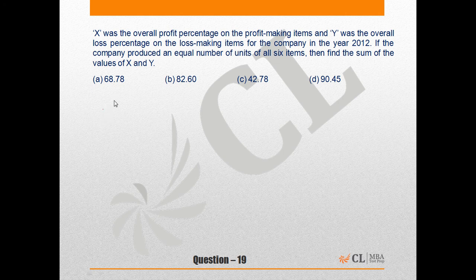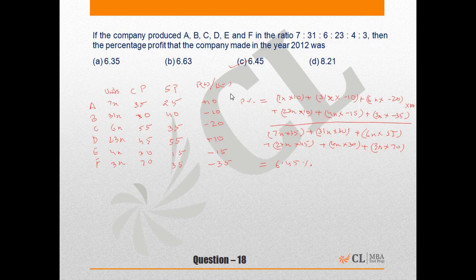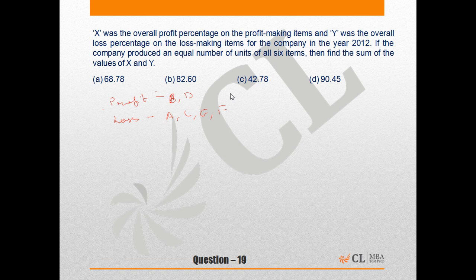Fine. I know that the profit making products are B and D, sorry, it's B and D. And the loss making are remaining A, C, E and F. Fine.